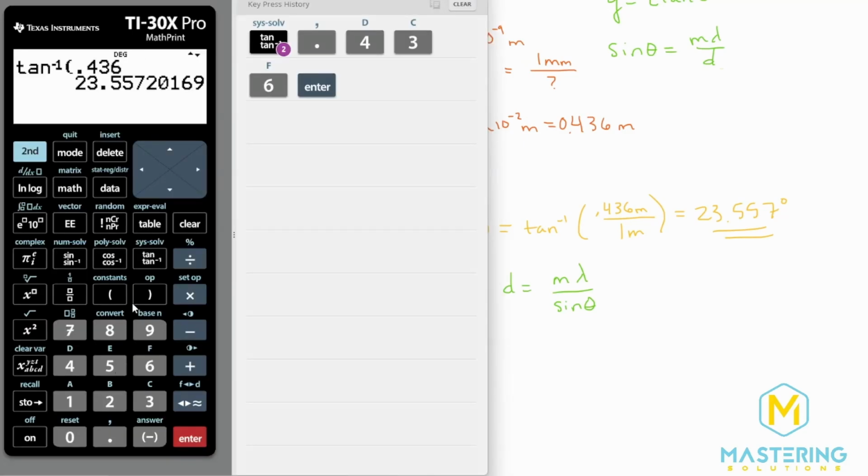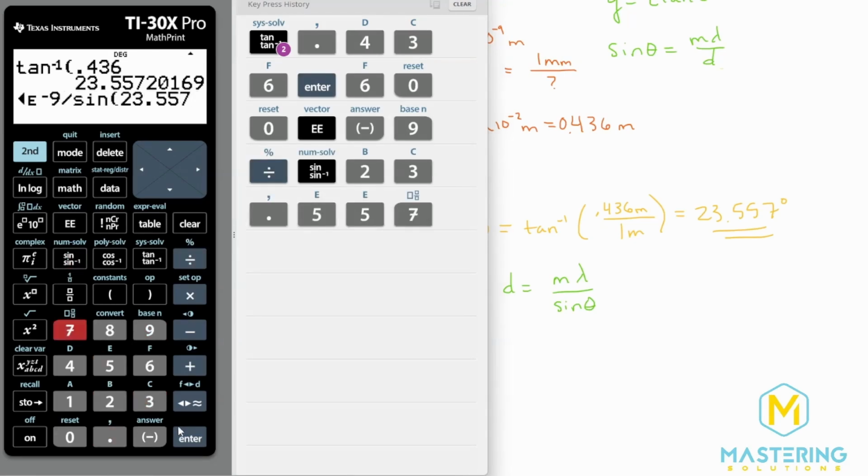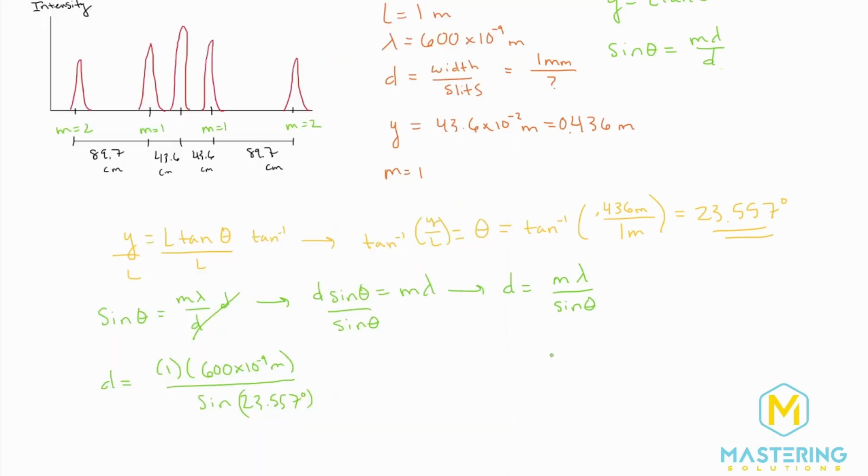So we have 600 times 10 to the negative 9 divided by sine of 23.557. So we'll say 1.501. So the answer is 1.501 times 10 to the negative 6 meters.